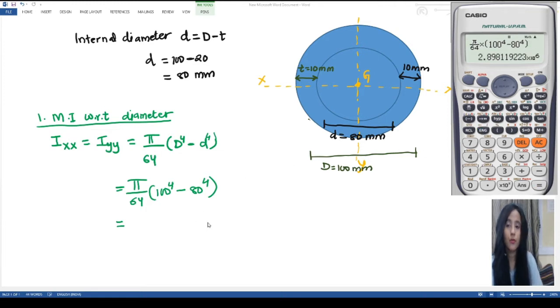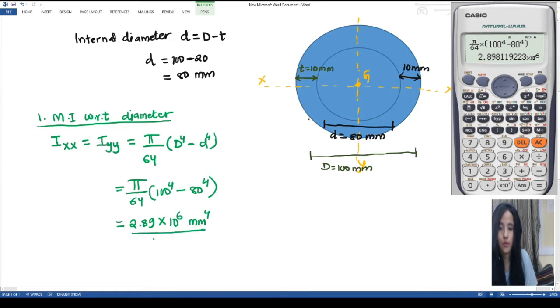So the moment of inertia of this hollow circular section with respect to its diameter is coming equal to 2.89 into 10 raised to power 6 mm raised to power 4. So the first condition is solved.